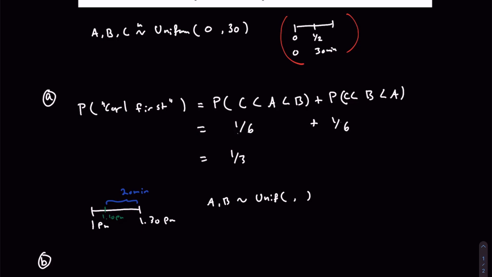Okay, and so we are now redefining that region of interest and say that Bob and Alice can only arrive between 0 and 20 minutes. So instead of 0 to 30, we have now constrained their possible arrival times.